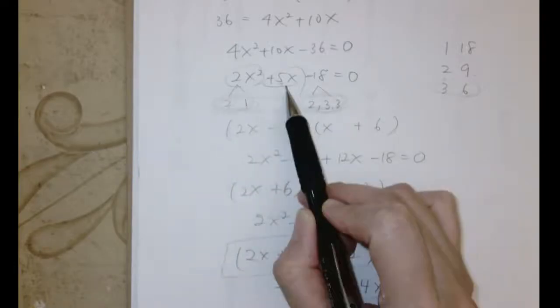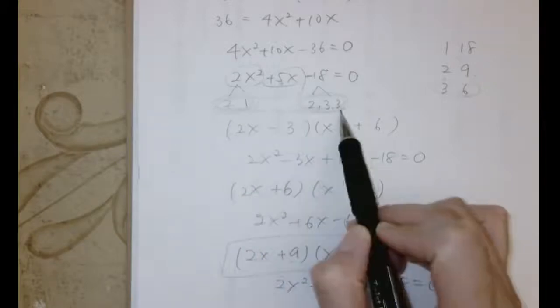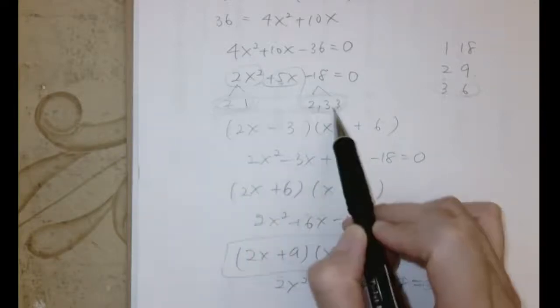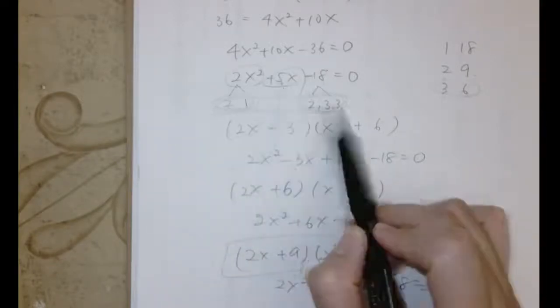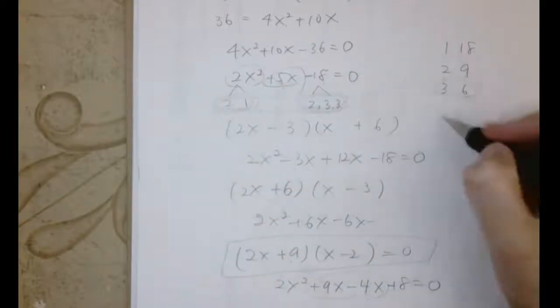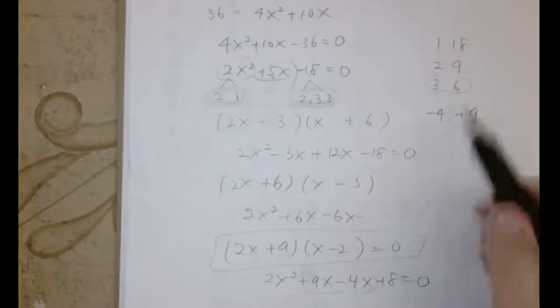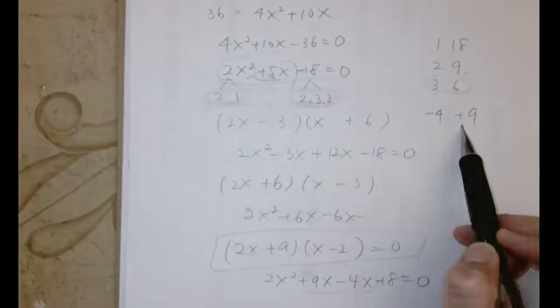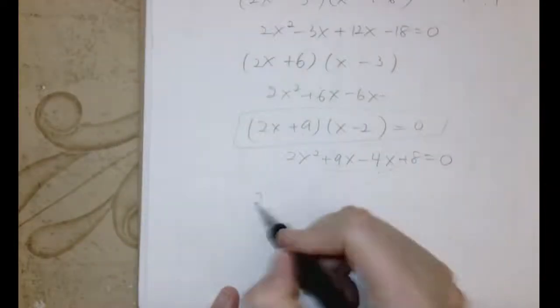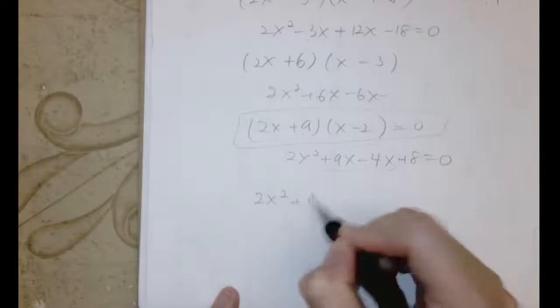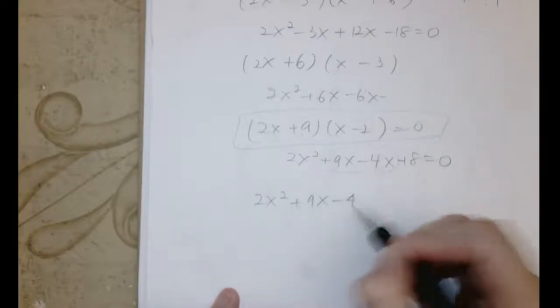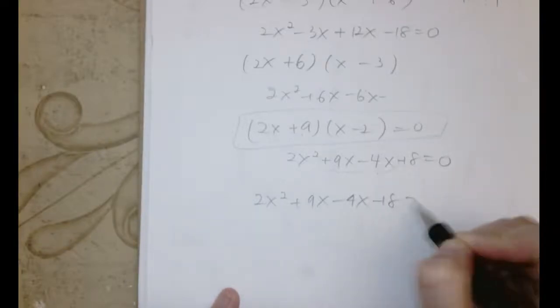So the 2 and the 18 obviously won't do it. 4 and 9 would do it, right? Because 9 minus 4 is 5. So I know that, and then I want the plus. So it's minus 4 and plus 9 that are the numbers. And then see how I show you how you do this. So I'm going to divide this into these two numbers. So that's 2x squared plus 9x minus 4x minus 18 equals 0.